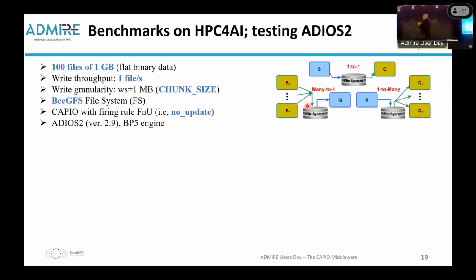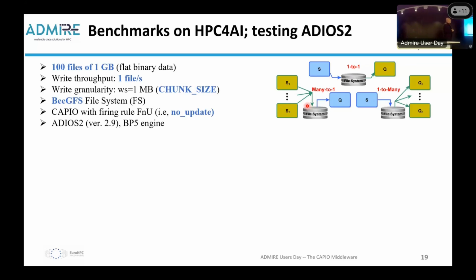So we repeat our benchmarks, one-to-one, many-to-one, and one-to-many, using BeeGFS, using 100 files of 1 gigabyte, so in total 100 gigabytes, with a write throughput of 1 file, so 1 gigabyte per second. And the writing and reading granularity is always 1 megabyte. And we compare with CAPIO with the most relaxed synchronization semantics, that is fire on not update.